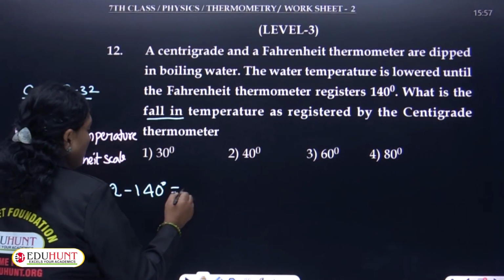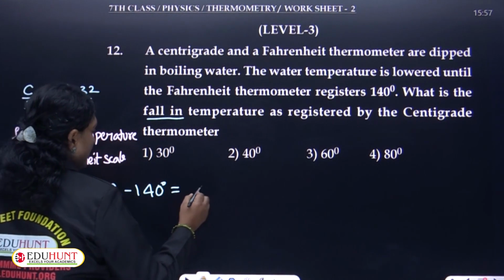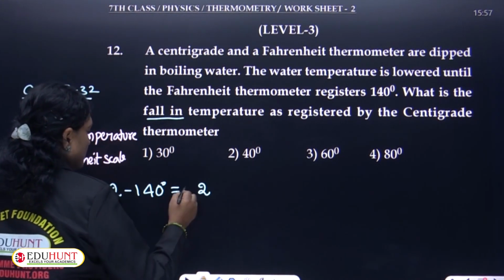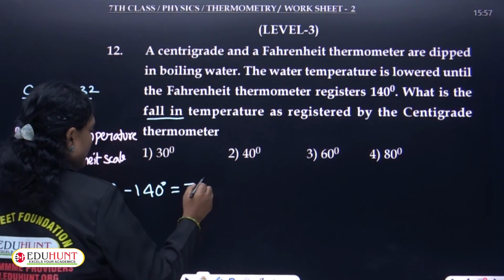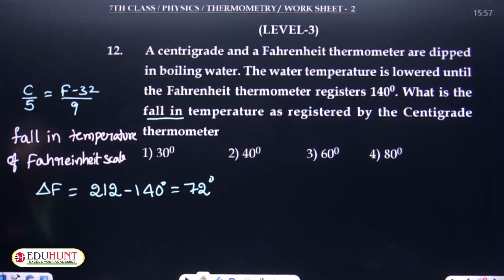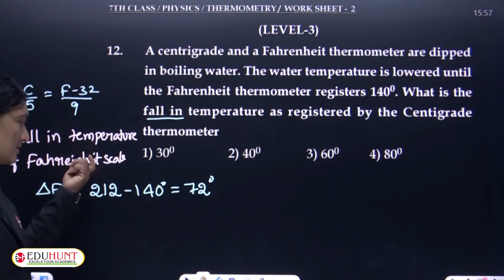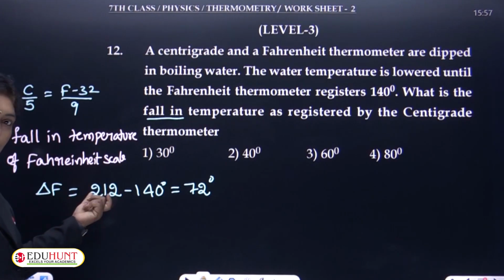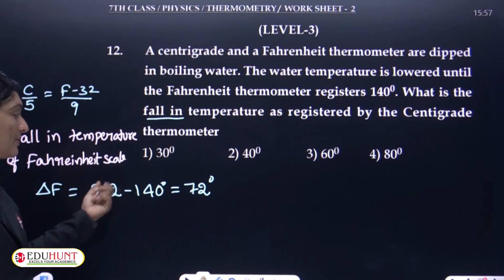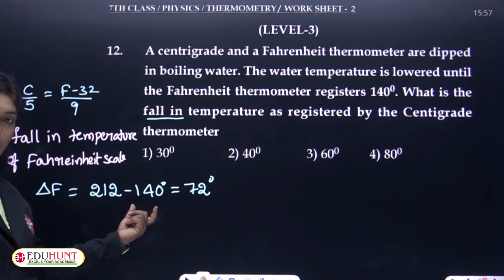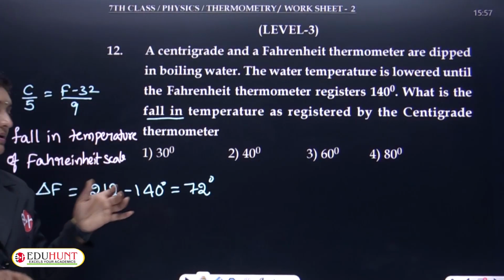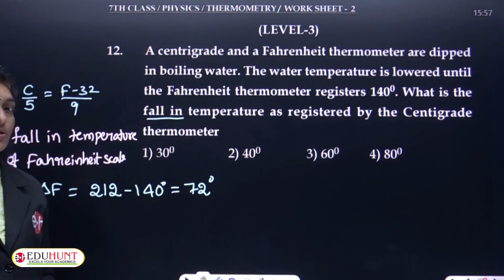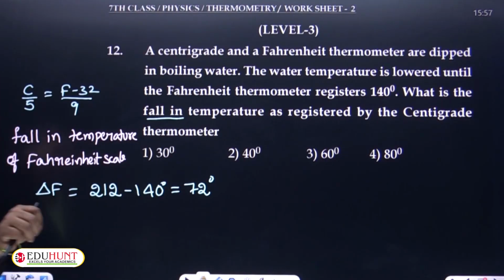The value of delta F is found to be 72 degrees. The fall in temperature on the Fahrenheit scale is, when it was kept at boiling point, it should show 212 degrees F, but it has fallen down by 140. So what is the difference? The difference is 72. So now it is showing 72 degrees F.